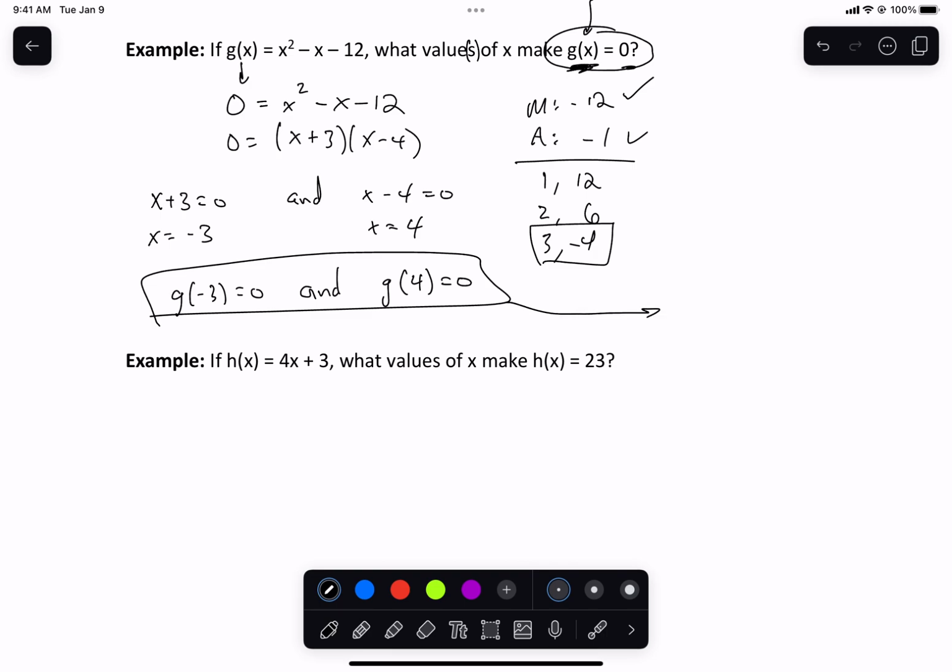We have a name for these. What kind of intercept? X-intercepts. How do we write x-intercepts typically in the past? It's a point, like all the other points you've done, like negative 3, 0, and 4, 0. You see how nice the function notation is, you can see that there. The function notation just says what the point is.